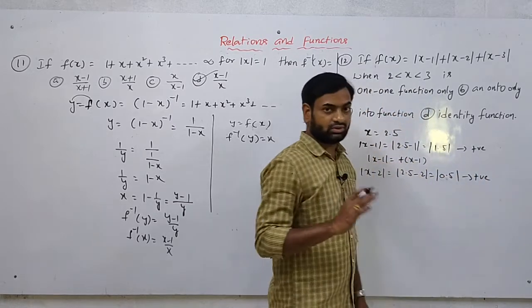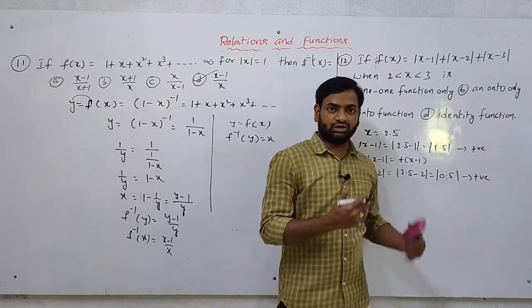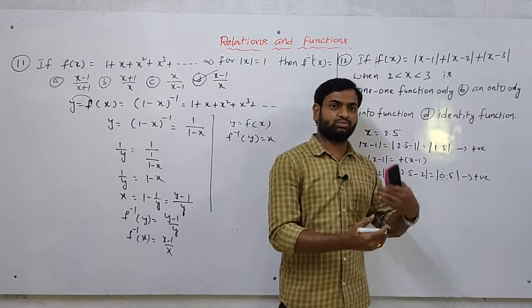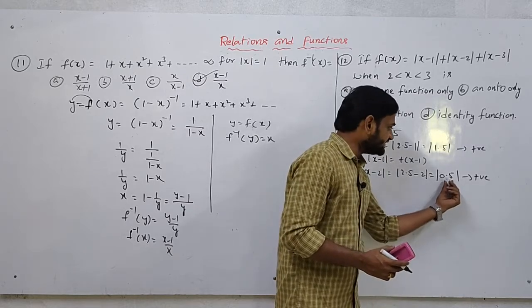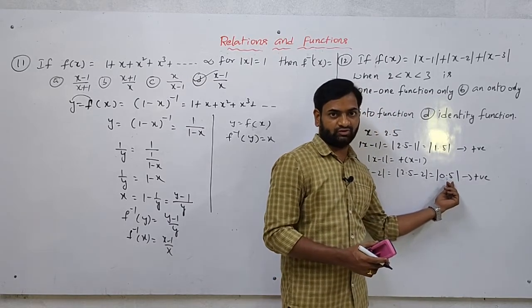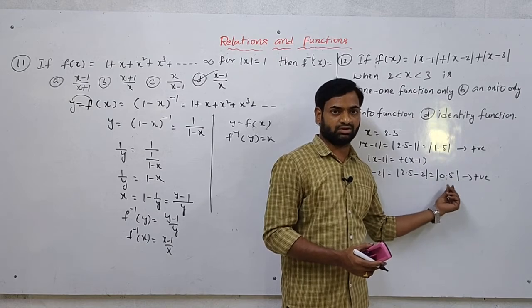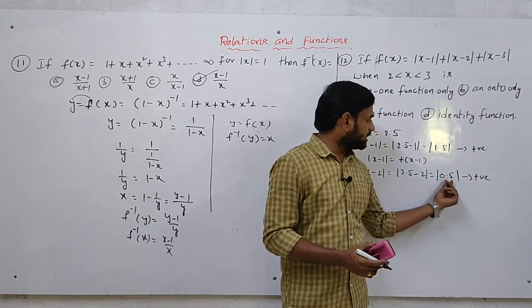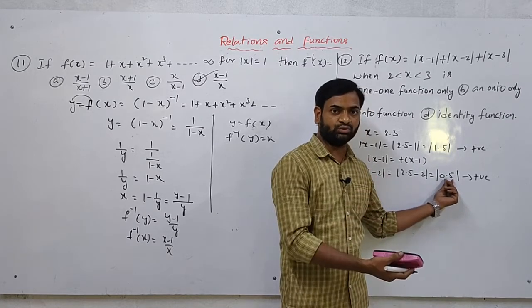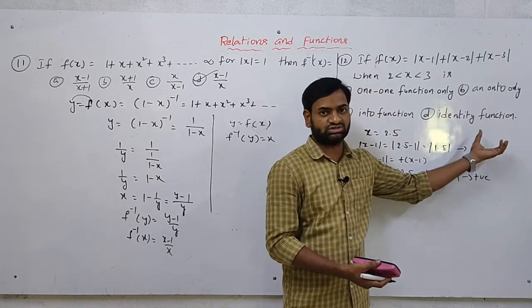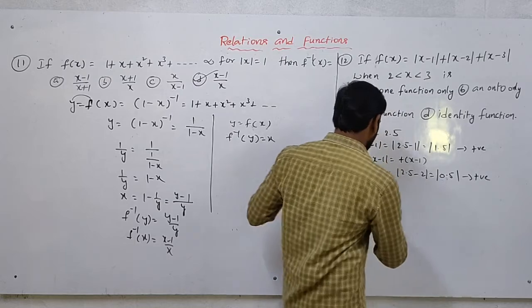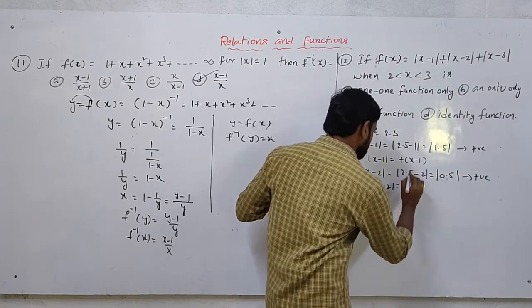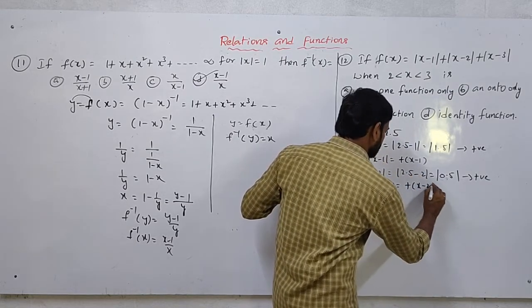Don't feel confused if you take it inside the mod, negative also becomes positive. I am just verifying the answer inside the mod. Inside the mod, if the answer is positive, then the function takes plus. So mod of x minus 2 is plus x minus 2.